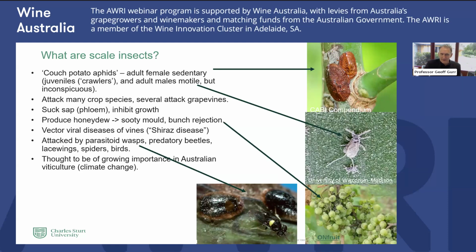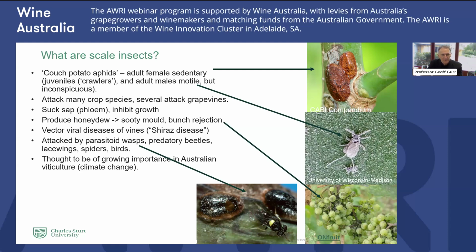Like the aphids that I touched on a short time ago, they suck the sap from the host plant. More technically correct is to say they take the phloem. And because phloem contains a great deal of carbohydrates in the form of sugars and very little nitrogenous nutrients, the poor old scales have to consume a huge amount of phloem liquid in order to get sufficient nitrogenous compounds, amino acids.